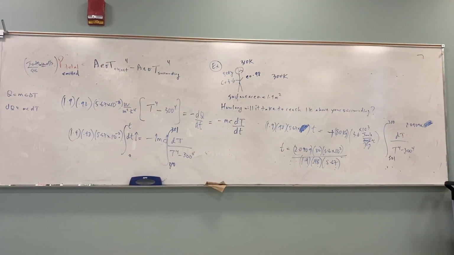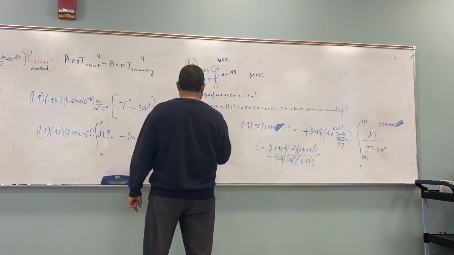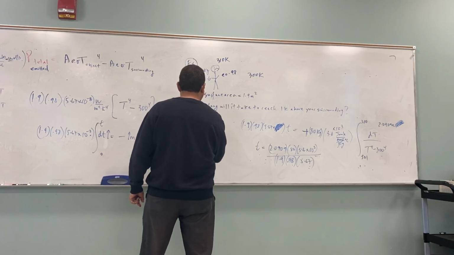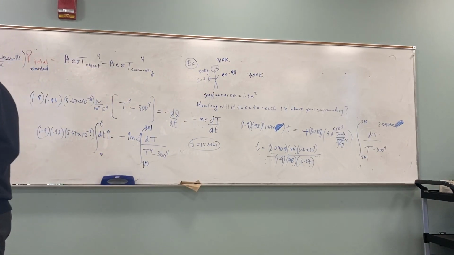Yeah, that's what I got. 15 hours. Oh, it's kind of long. I thought it would go faster. 15.84 hours. Well, because you're 80 kilograms, to cool 80 kilograms is a lot.